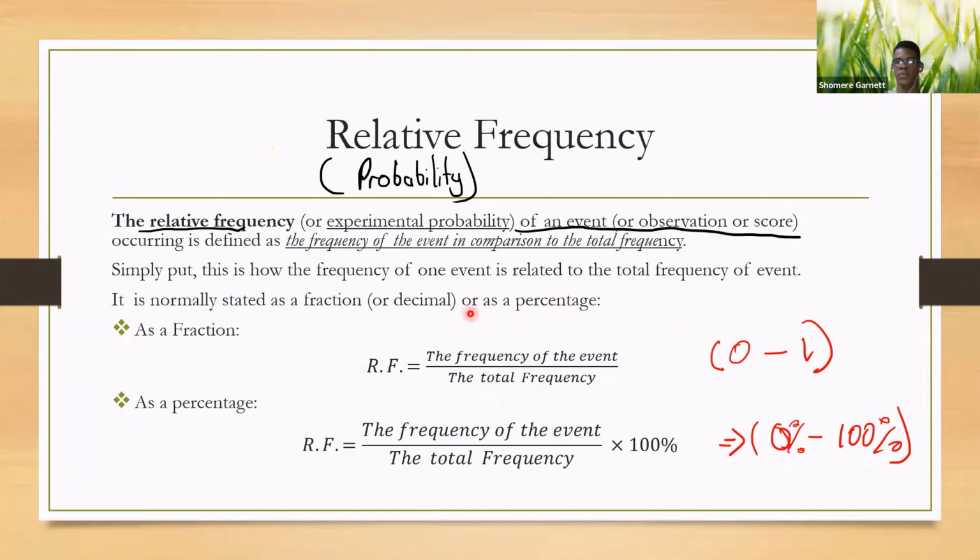Relative frequency as a fraction can only be between 0 and 1, which means it is a proper fraction to be exact. It can't be an improper fraction. So if you're calculating relative frequency and end up with 1.5 or something like that, you went wrong. If you're calculating relative frequency as a percentage and you end up with 120%, you did something wrong. That's something that's not on the slide, and the same rules apply to probability. So I will bring that up again when we look at probability.